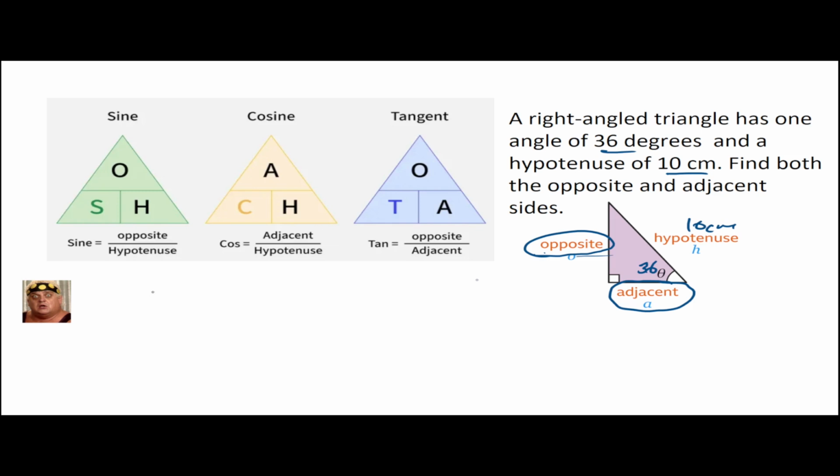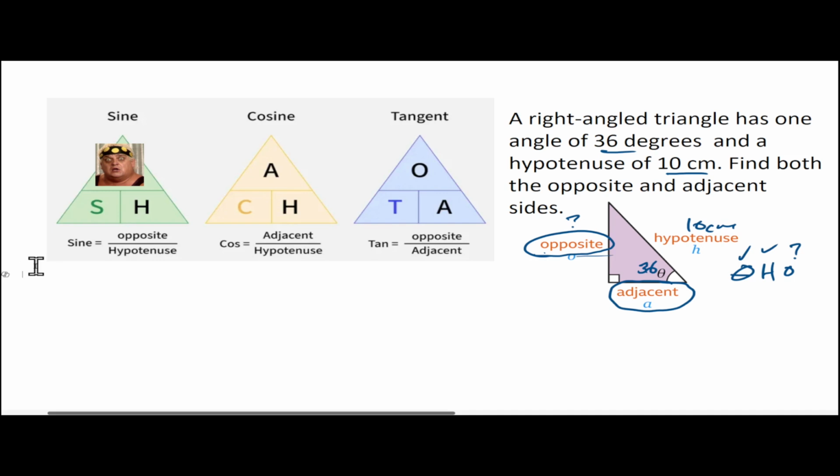We can't do both at once. Let's find the opposite side first. So we've got the theta angle, we've got the hypotenuse, we're looking for the opposite. Opposite and hypotenuse is going to be sine, and we are looking for the opposite side, so we're going to move Dusty up here.